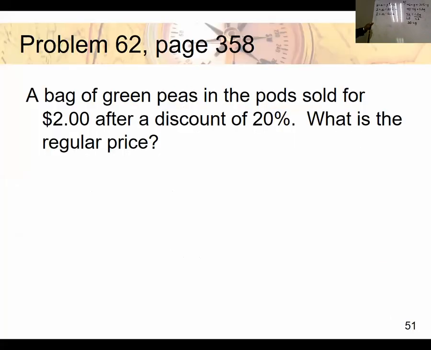So here, this will be A minus 0.2A, which is equal to 2. This is like 1A. So if I subtract $1 minus 20 cents, this will be 0.8. So it'll be 2 is equal to 0.8A. Divide both sides by 0.8.